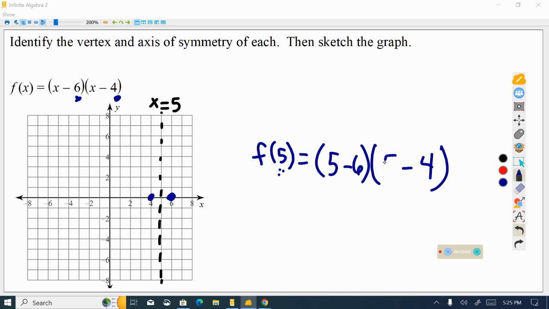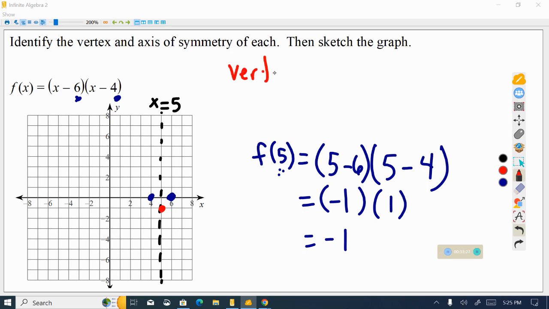So I have to do 5 minus 6 times 5 minus 4. 5 minus 6 is negative 1, and 5 minus 4 is positive 1, and so this gives me negative 1. And that tells me that what we should have is our vertex at the point (5, negative 1).